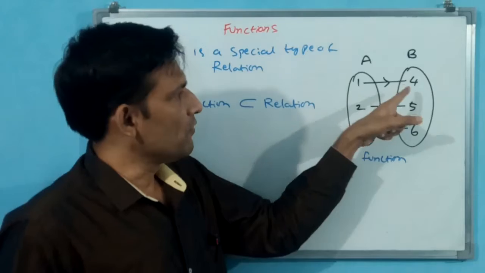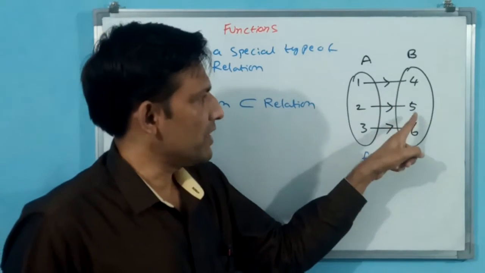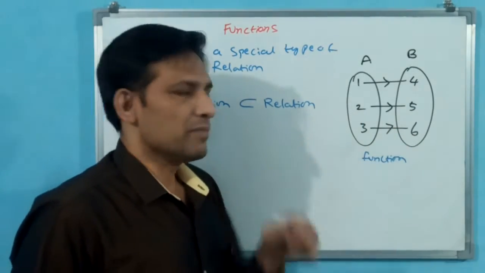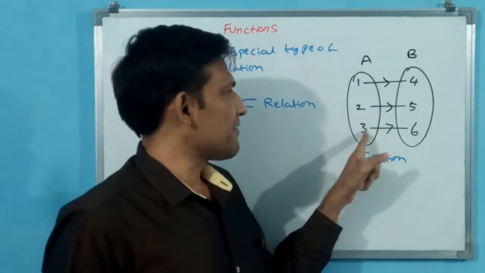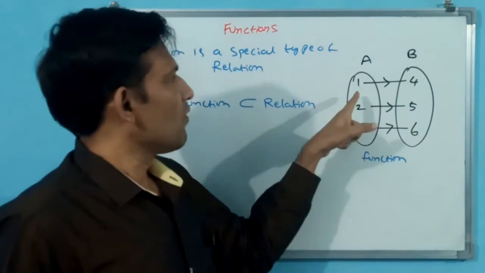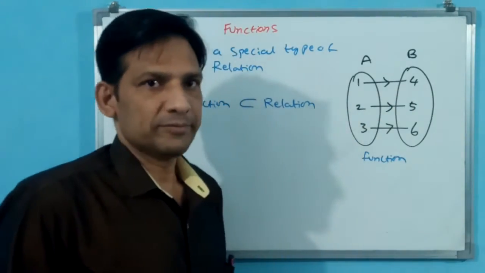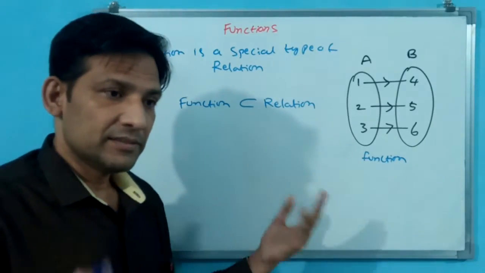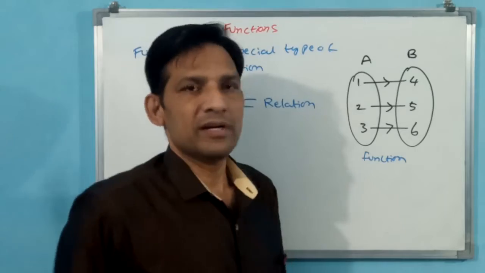I already told: 4 is the image, 1 is the pre-image; 5 is the image, 2 is the pre-image; 6 is the image, 3 is the pre-image.